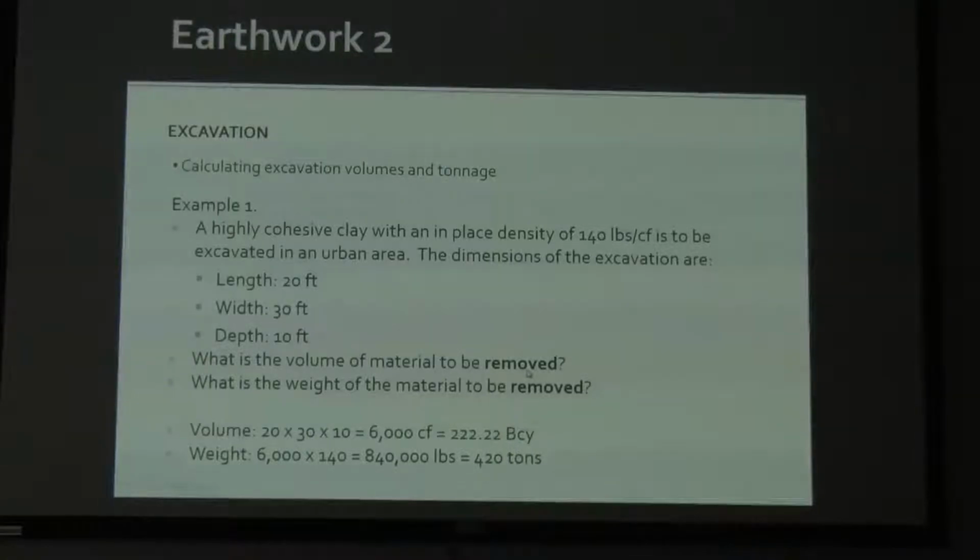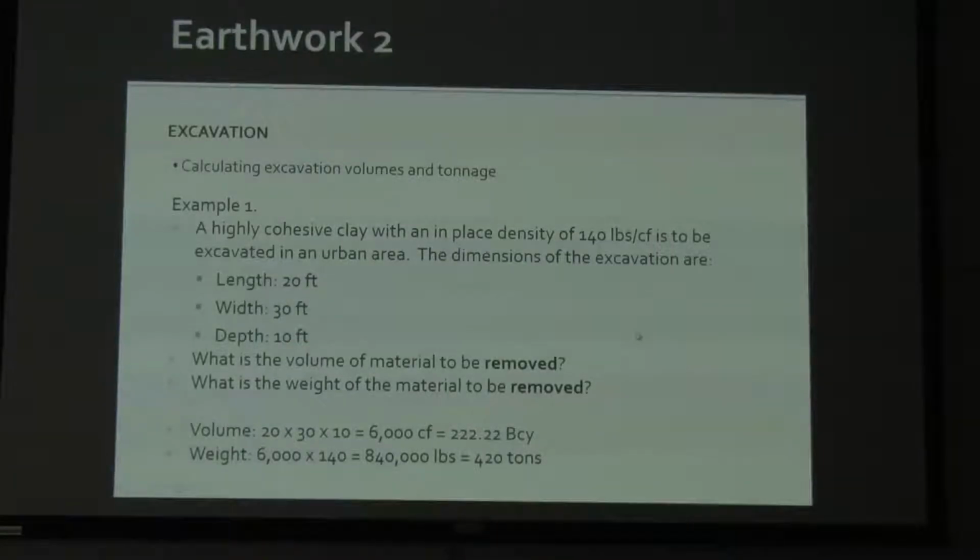What is the volume of material to be removed? Well, we have here basically a rectangular type of excavation, so it's very easy to calculate by multiplying the length times the width times the height. In terms of cubic feet, divide that by our 27 cubic feet per cubic yard, and we come up with 222.22 bank cubic yards, and the weight would be 6,000 times 140 equals 840,000 pounds.